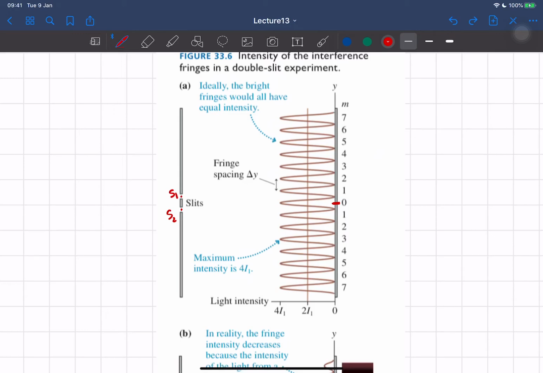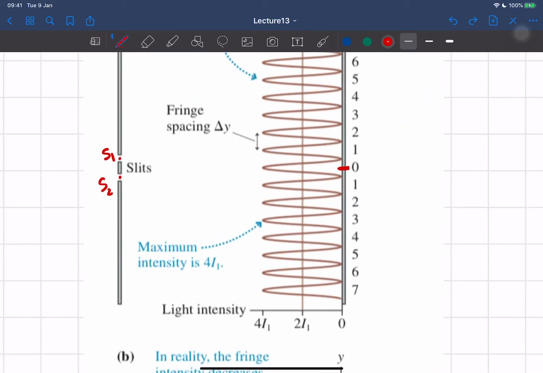And then as you go up, at the center, right where the number 0 is, how do you know that this is brightest, meaning that it's the constructive interference? Well, it's the same thing that we did before.